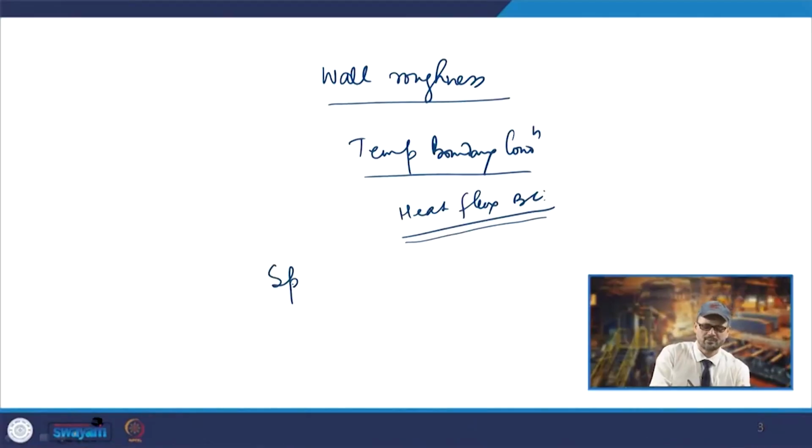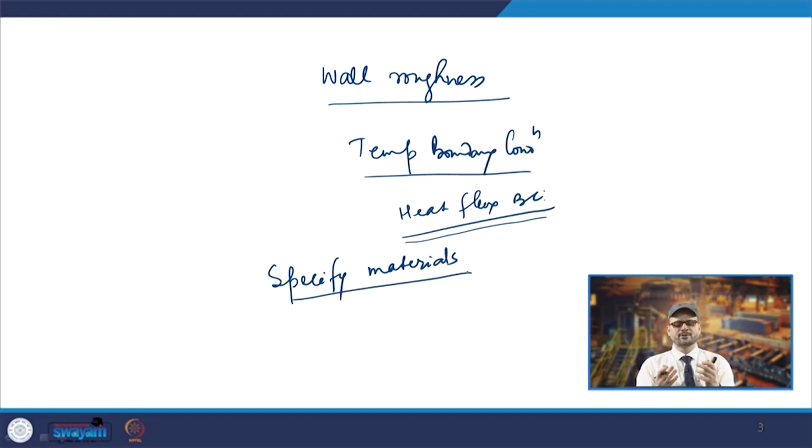So, one part of the pre-processing is that you specify the properties, especially the material properties. Materials may be fluid, solid or porous. For materials you will normally have physical properties like density, thermal conductivity, and heat capacity.